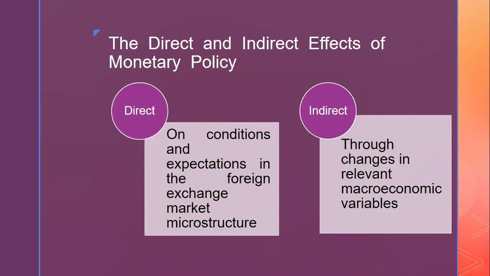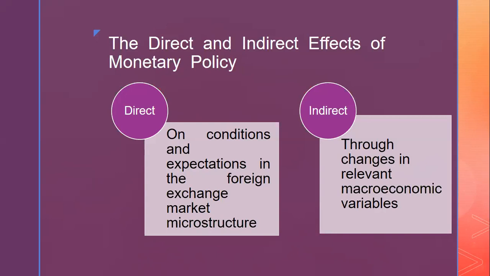So overall, what you have to know is there are three ways that the central bank can influence the exchange rate at the operational level. The first one is using the monetary policy. Using the monetary policy, they can directly impact the exchange rate and also indirectly impact the exchange rate. If we talk about the indirect impact, first they affect the macroeconomic variables, thereby the exchange rate.